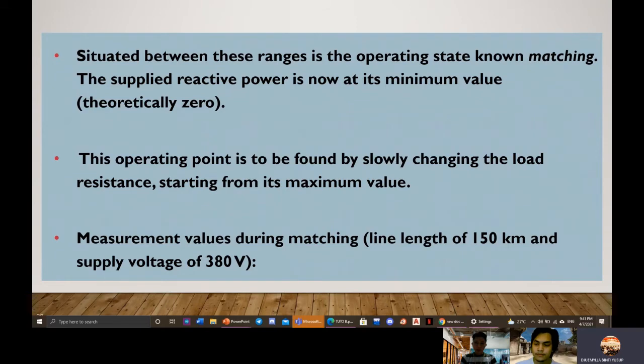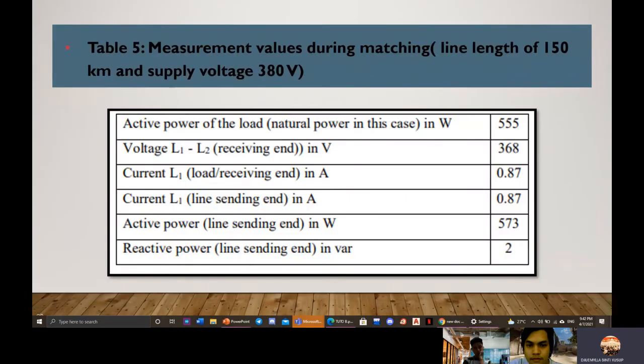And for the third one, we can say these are the measurement values during matching for the line of 100 kilometers and supply voltage of 300 volts. Okay, for table 5, the result for the line length of 100 kilometers and supply voltage of 380 volts: the active power is 555, the voltage L1, L2 is 368, and then the current, the active power, and the reactive power as well.